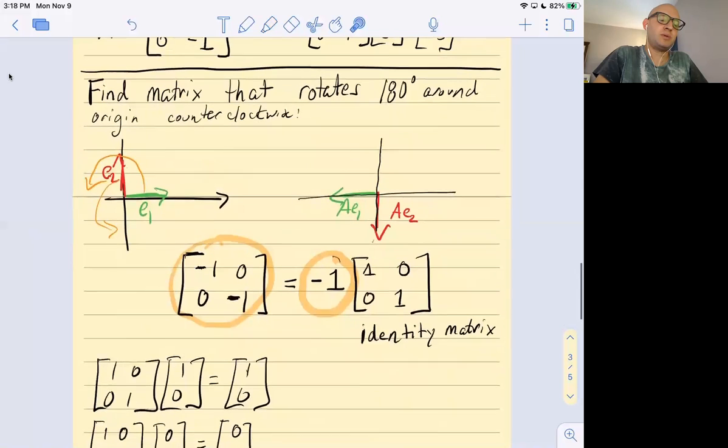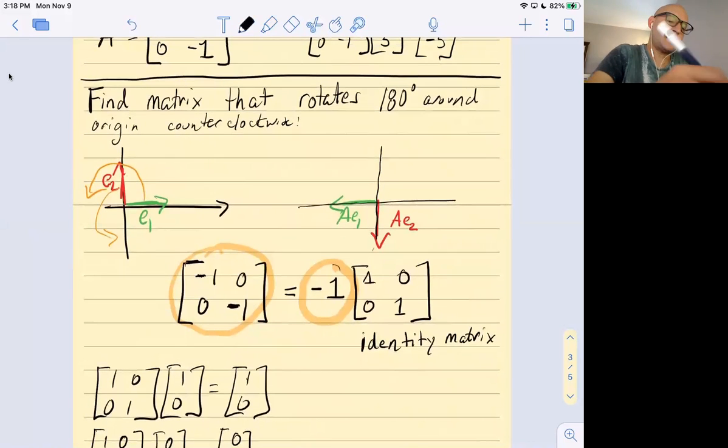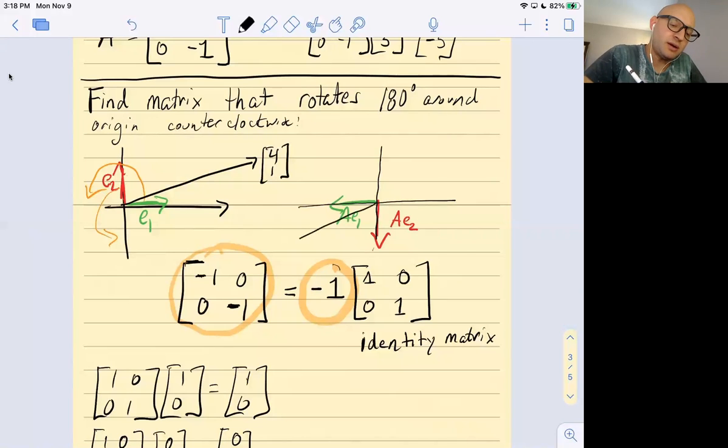For example, let's say this vector is 4, 1. If you multiply everything by -1, you're going to be over here, -4, -1.